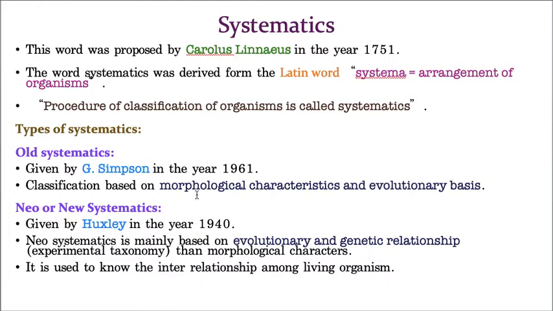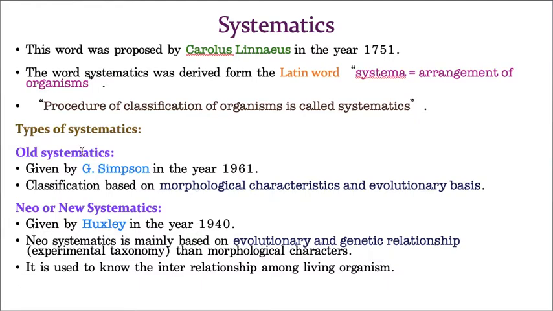For example, one person is tall or short, fair or a little dark, or maybe wheatish in color, or that person's hair is black or gray. That means we are describing this particular person in terms of external characters. On the basis of these external characters, in old systematics the classification is done.